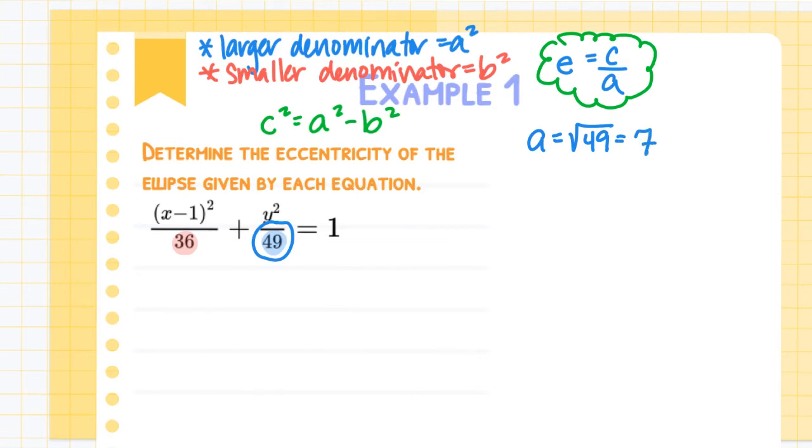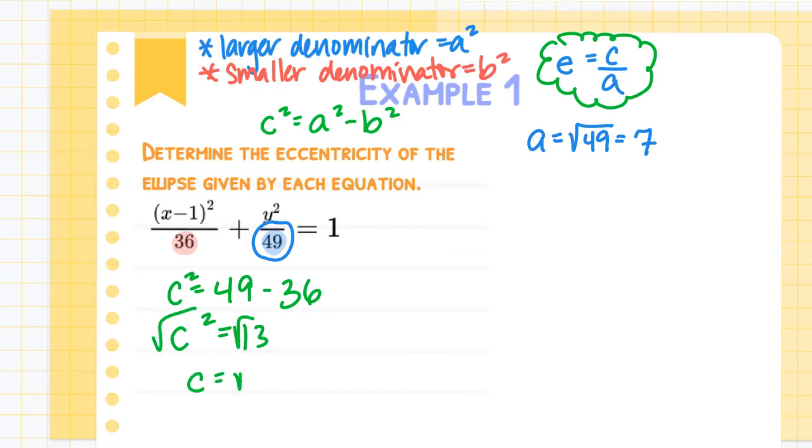And then we can also use this equation to help us find c squared, because we know that c squared equals a squared, which is 49, minus b squared, which is 36. So c squared equals 13, and then square root both sides to get c equals the square root of 13.